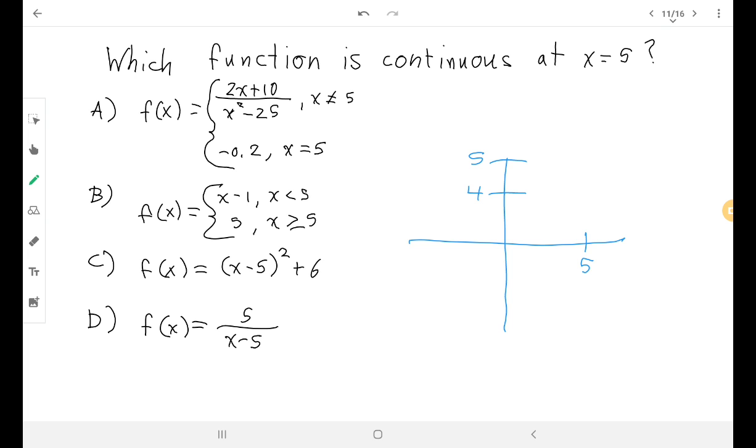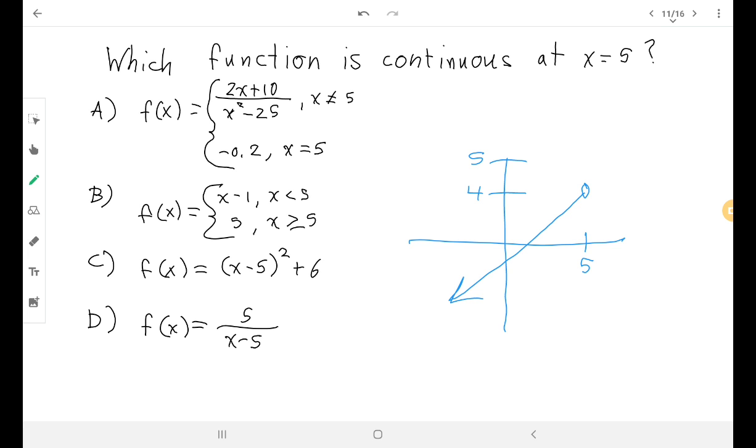There would be a y value of 4, but we would never hit it, so we'd put an open circle there, and everything before 5 would look like that x minus 1 line. You can make a table and confirm that.